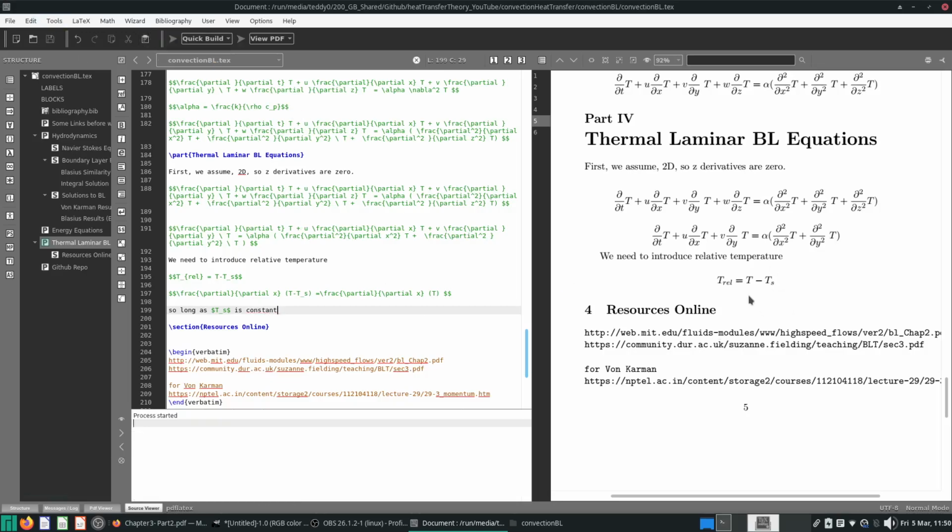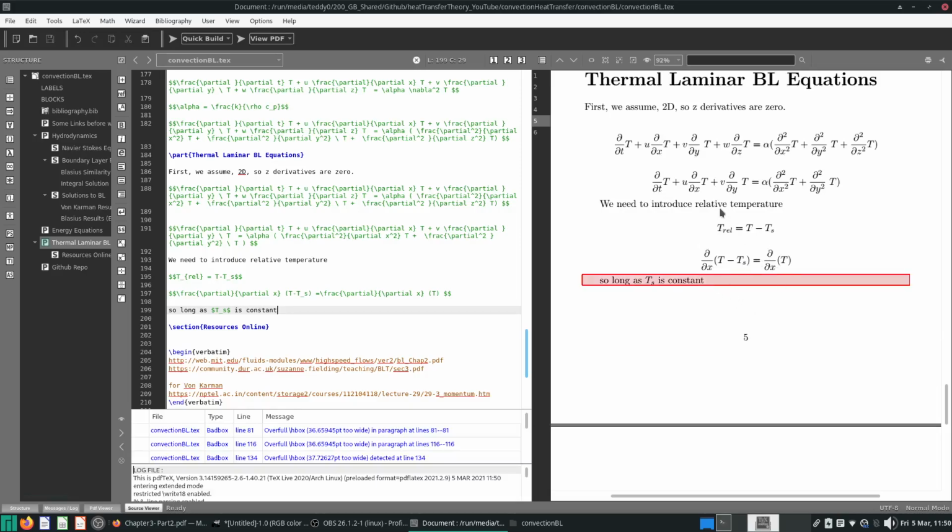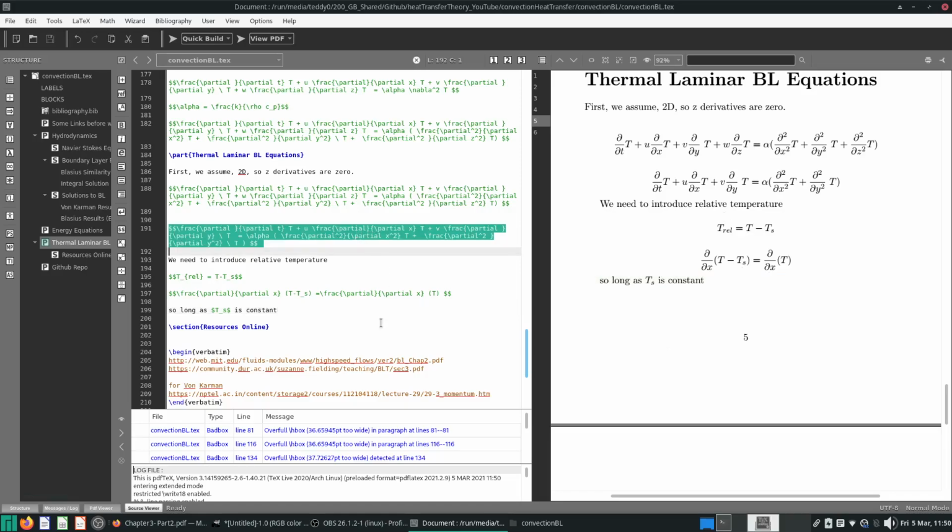You can just introduce this in like that. When Ts is not constant, it's not as easy to do a trick like this.